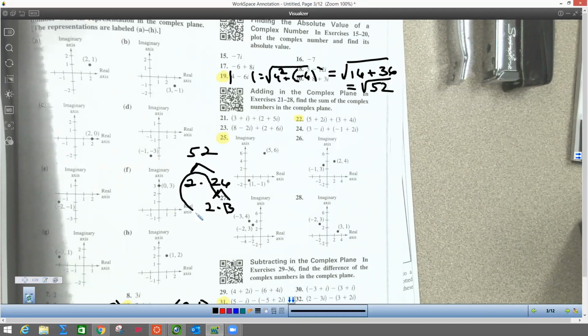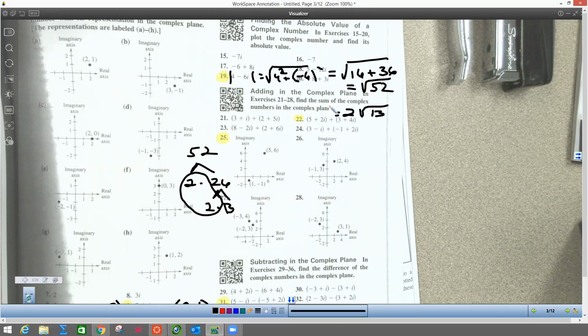So you have a pair of 2's inside, so that means you can bring a 2 out and the radical 13 would stay in. I'm assuming that's how they'll probably write the answer on the test for multiple choice. I don't think they're going to leave it square root of 52. How many are thumbs up on that? This all should look really familiar to you, I hope. The only difference is we're dealing with i's now.